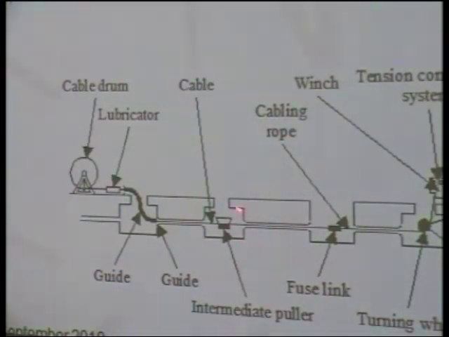Some intermediate pullers could put some additional movement and help the passage of the cable. They are more important when we have a long length between the initial and final point.